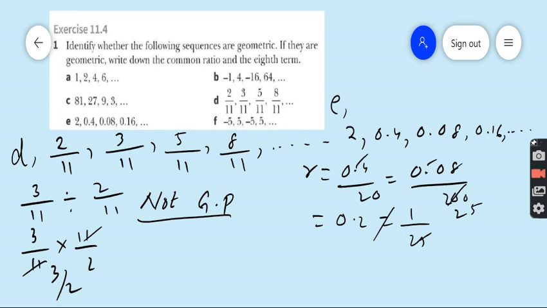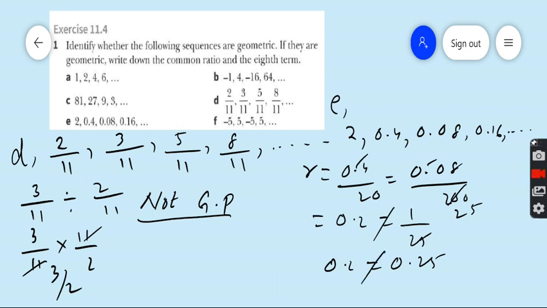Because one is 0.2 and the other is 0.04. 1/25 is 0.04, so it is not equal.